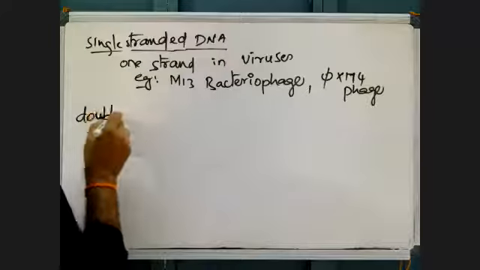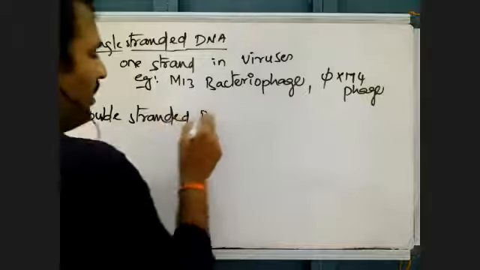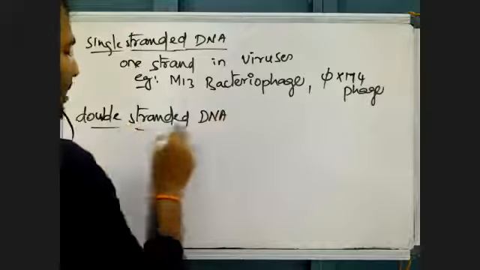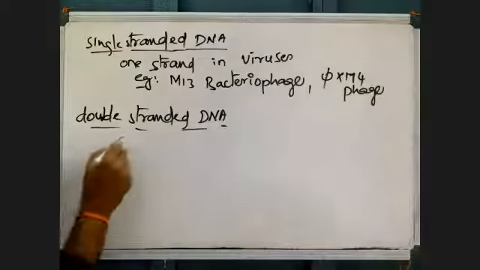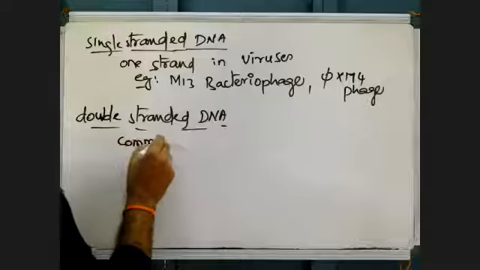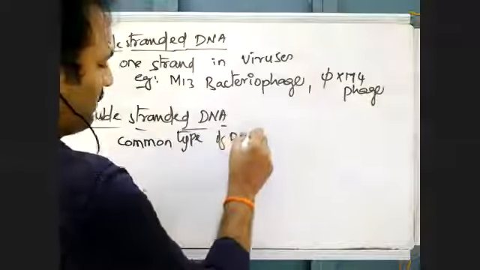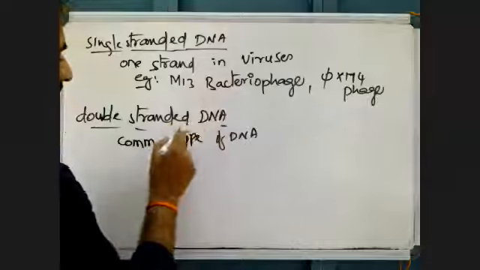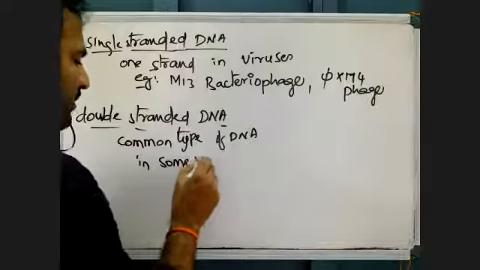But remaining DNA is majorly double-stranded. That double-stranded DNA is present in the majority of organisms. It is the common type of DNA. In some viruses also it is present.